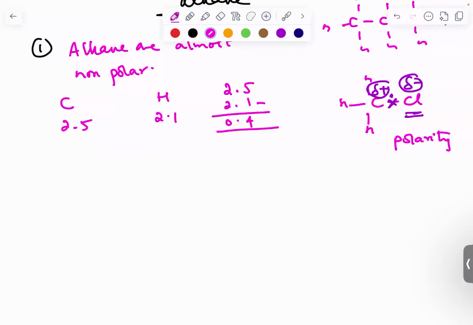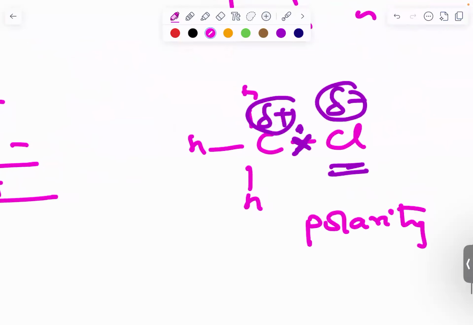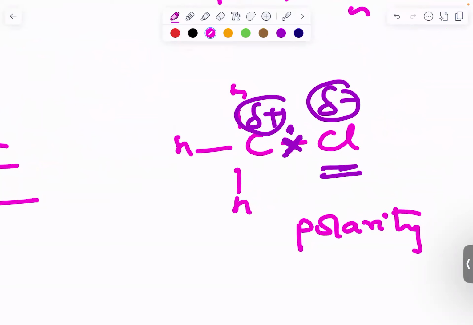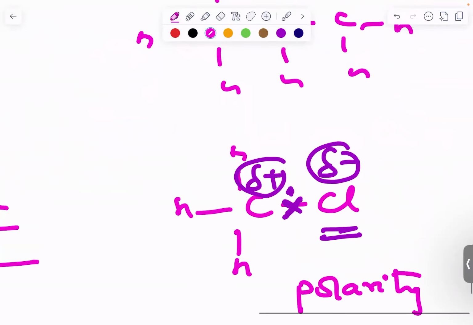So when there is a polarity, which types of forces could be there, Zena? Like van der Waals forces? Yeah, and what type of van der Waals forces? Well done, very well done. If polarity could be there, then it's a hydrogen bonding.